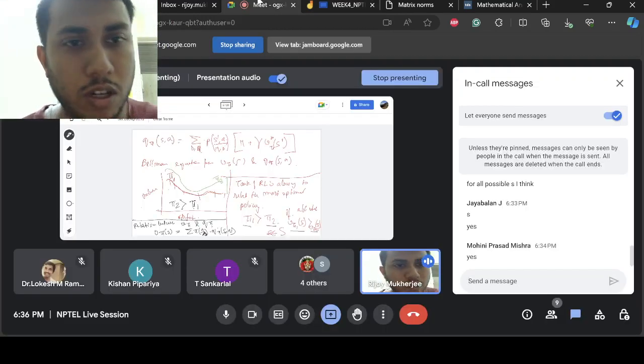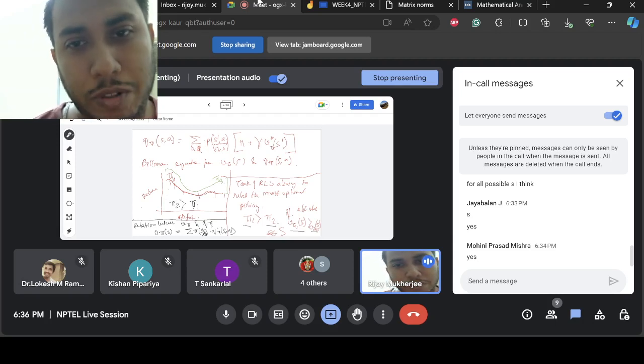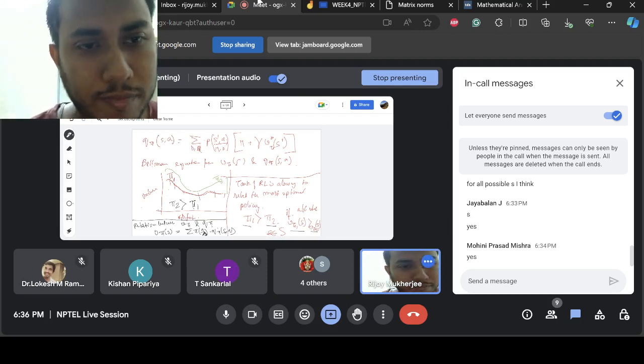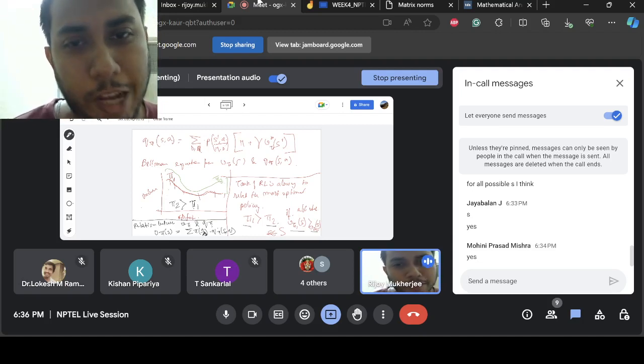This is basically the relation between your v pi and q pi, right? So what does this mean? That for each action we select the one which gives you the maximum value, right? Nothing more, nothing fancy. So this gives you a relation between v pi s and q pi s.